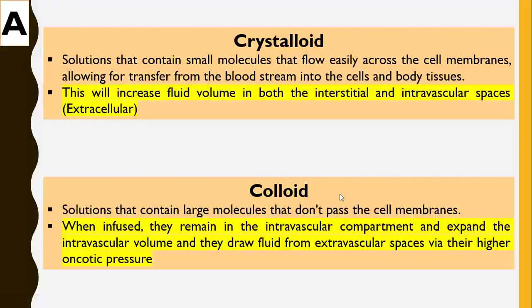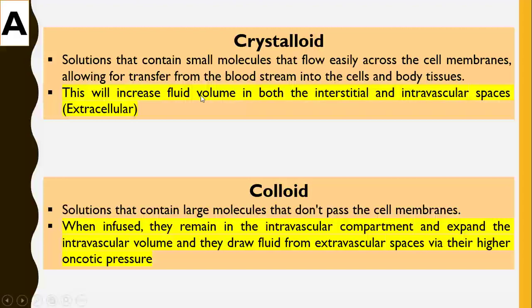So what are the types of fluids to apply this physiological background? Crystalloids are solutions that contain small molecules. As they are small molecules, they can pass freely through the capillary membrane, but don't pass freely through the cell membrane, except if these crystalloids are of different osmolarity from the body osmolarity. So crystalloids flow easily across the cell membranes, allowing for transfer from the bloodstream into the cell and body tissue if there is a tonic or osmolarity difference.